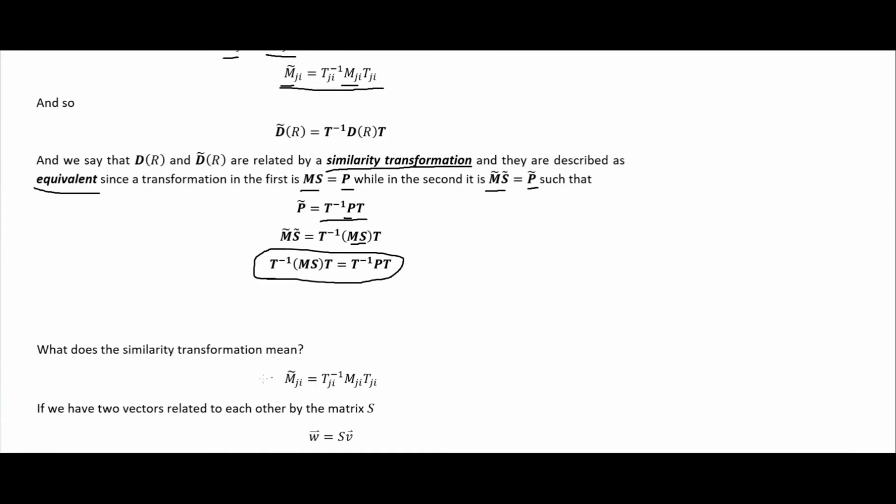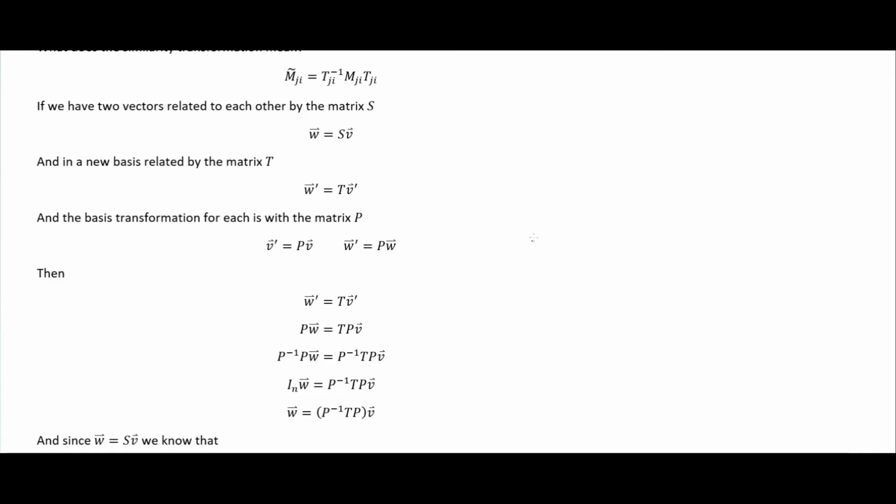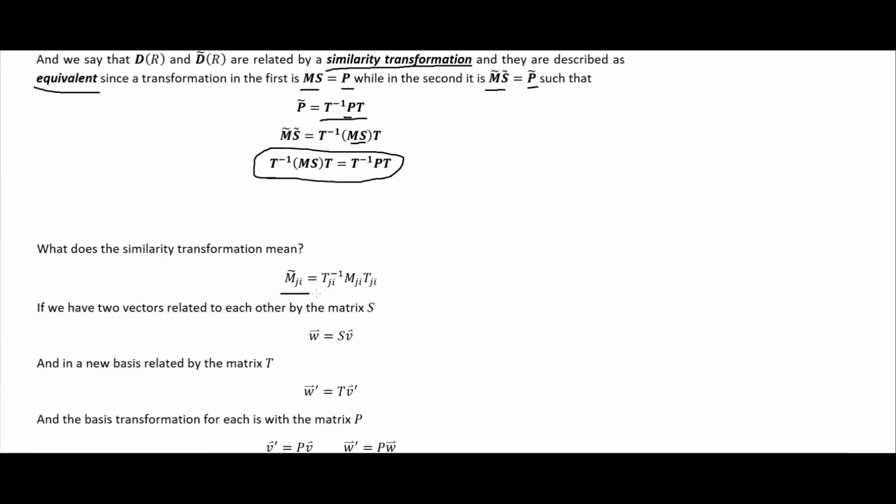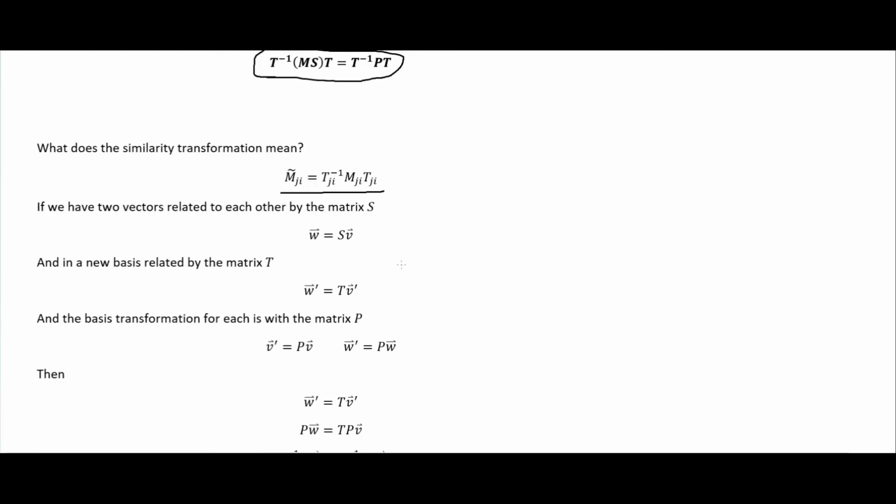And since a transformation in the first is this ms equals p, then m tilde s tilde equals p tilde, such that we are just using this t inverse and t here, and then we replace this p with the ms here, and so we end up getting this. And so what does this similarity transformation mean? We got this similarity transformation here. What is the intuition behind it?